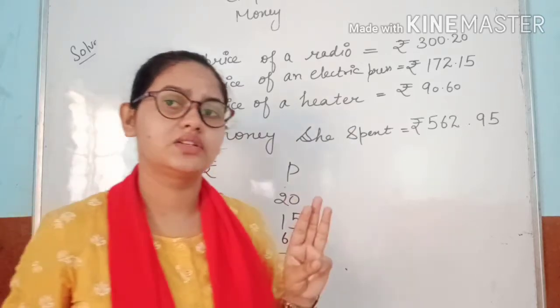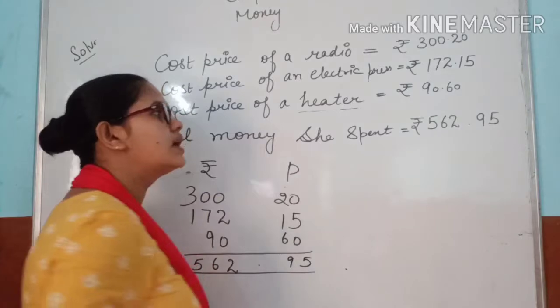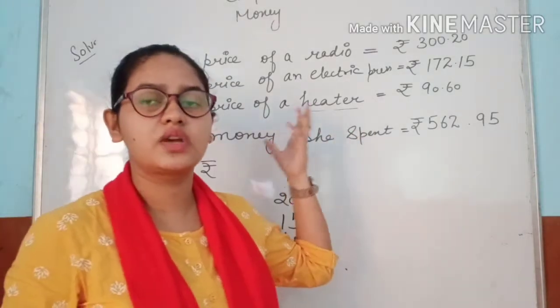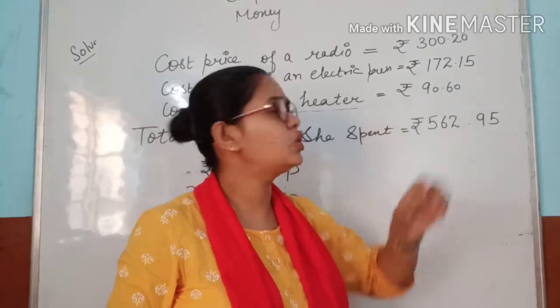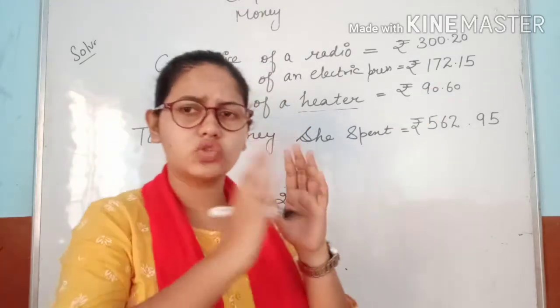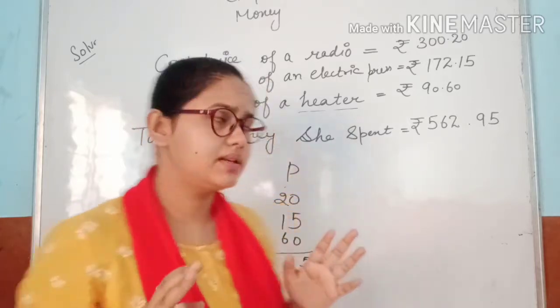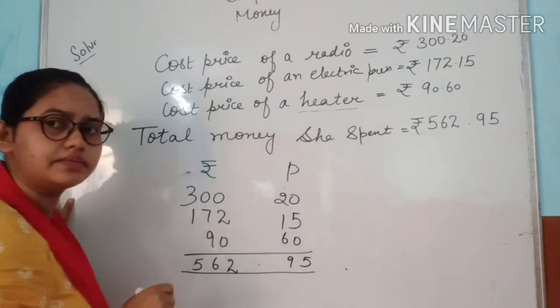The third thing she bought is the heater, and the cost price of the heater is rupees 90.60 paise. Okay. So here are the three things. Now we are going to find out the total money she spent.